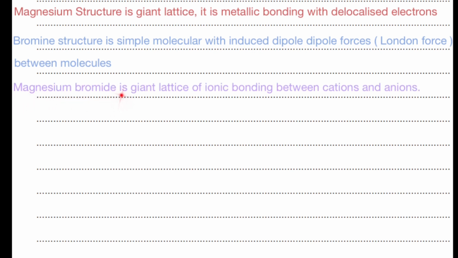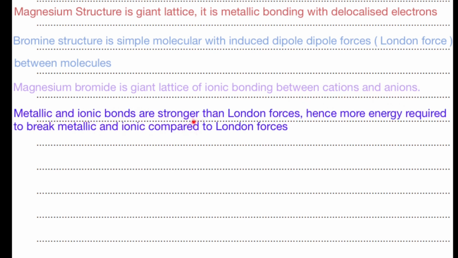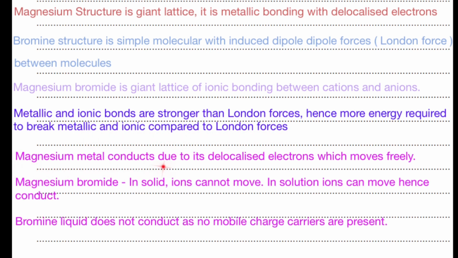Magnesium bromide is a giant lattice of ionic bonding between cations and anions. Metallic and ionic bonding are stronger than the London forces, hence more energy is required to break metallic or ionic bonds compared to London forces. Magnesium metal conducts due to its delocalized electrons, which move freely.